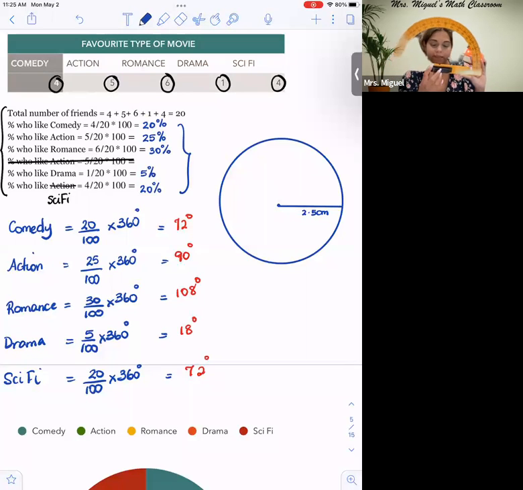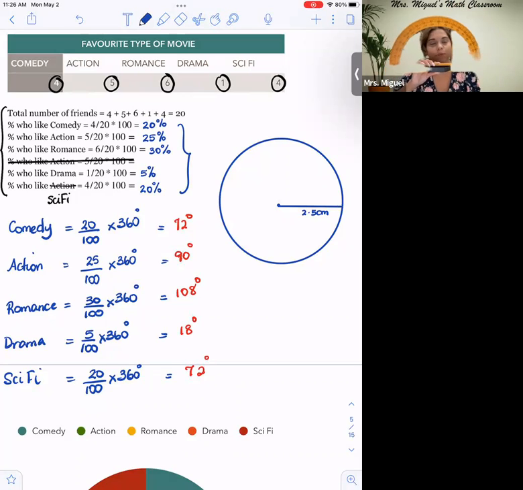Now, the first one I want to draw is action, which is 90 degrees. So I'm going to line up my center here, which is the bubble on your protractor, and you are going to line up the baseline so it falls directly on the radius 2.5 that you have. Notice the position of 90 degrees. It is perpendicular. So 90 degrees here on either scale meets at the same point. So I am going to line up my protractor, and at exactly 90 degrees, I'm going to put a mark and draw a line.